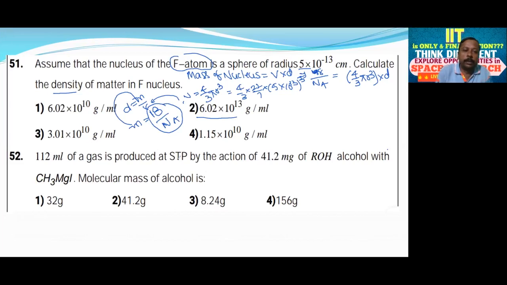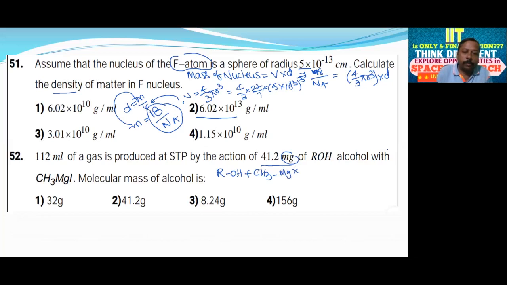Now let's see the next question. 112 ml of gas is produced by the action of 41.2 mg of ROH, an alcohol, with the Grignard reagent RMgI, organic and inorganic combined together. In place of R, they have taken methyl, so CH3MgI.